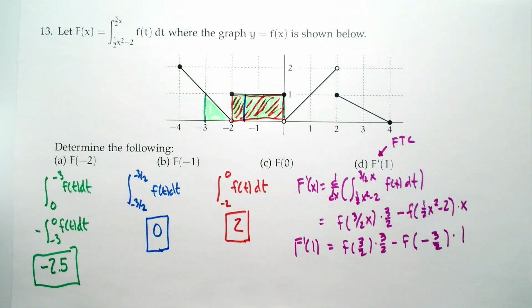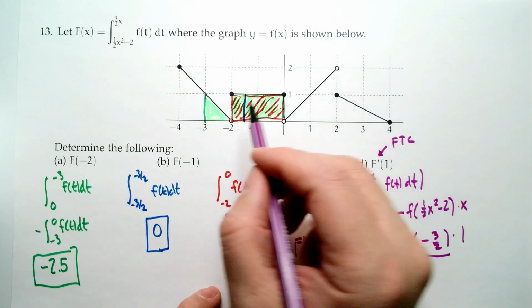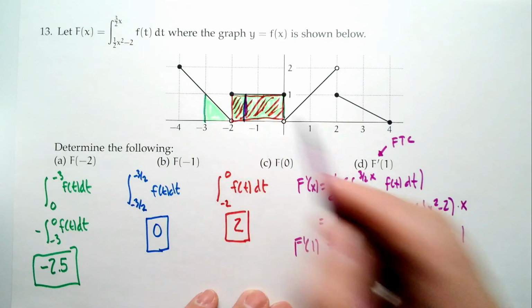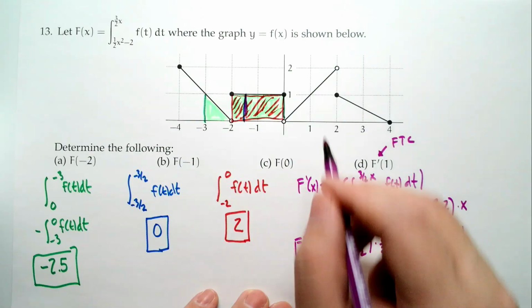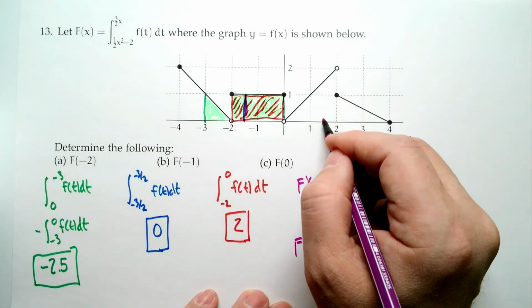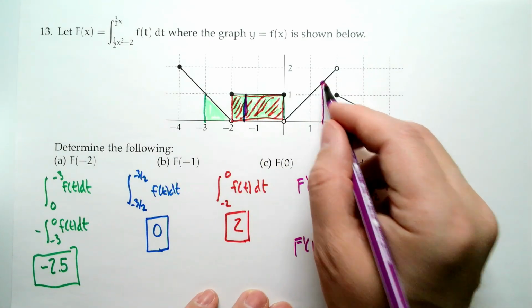So we take our derivative, and now we plug in 1. So we go through and figure out what these things are. Well, our function at negative 3/2, we've actually seen this before. Negative 3/2 is right there, and our function at negative 3/2 is 1. Our function at positive 3/2, that's positive 3/2, it's here.